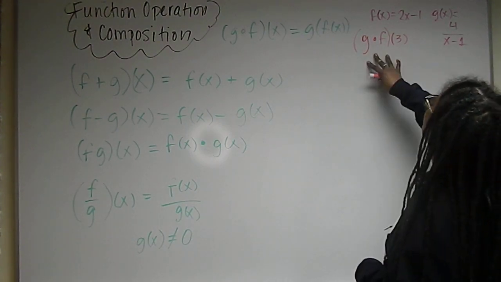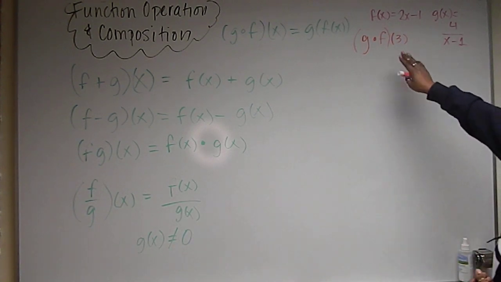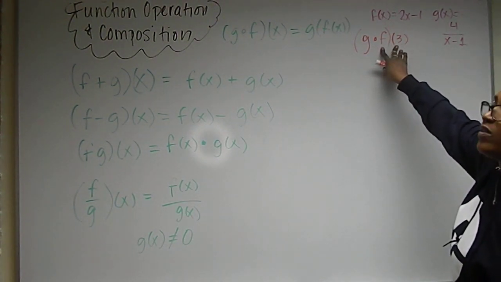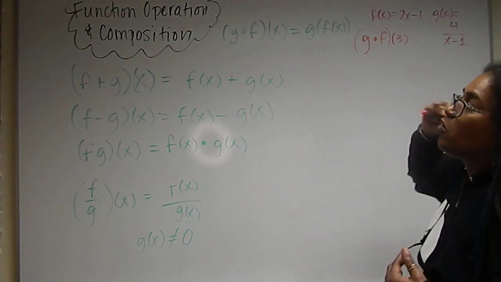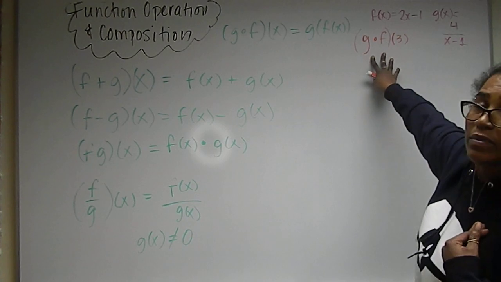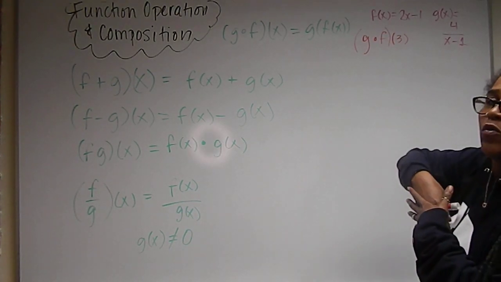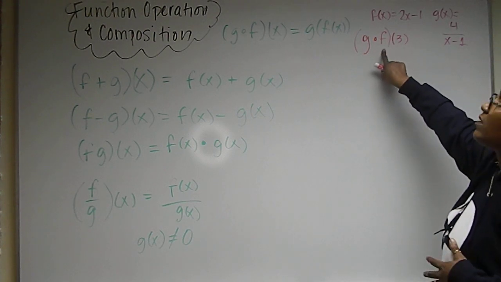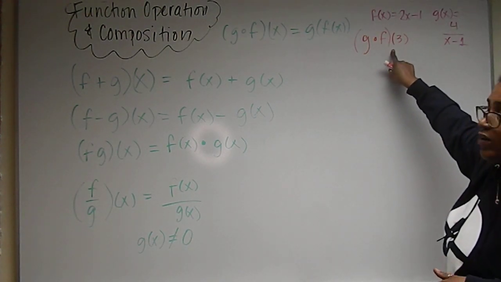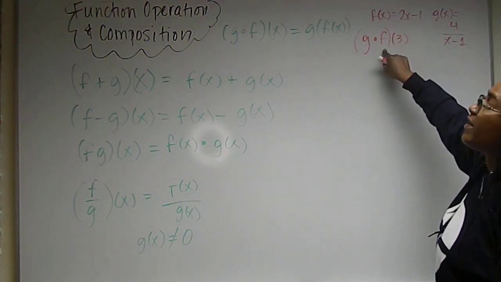All right, so if we're going to find g of f of 3, what does that mean? This time, the f is closer, right? There were so many things I used to remember this, but the one that stood out the most for me when I had to put one function inside the other was whatever was closest to what I'm using. The first one we had the g over there. Now this time we have the f, so we're going to put the 3 in the f first.